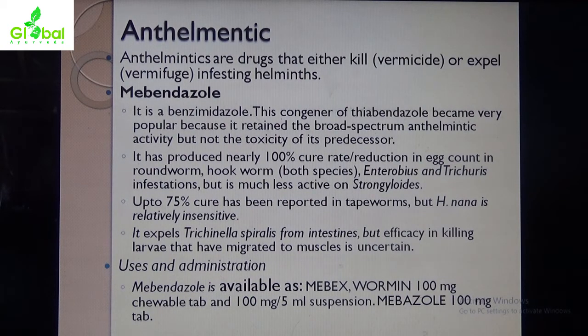It has produced nearly 100% cure rate and reduction in eggs laid by hookworm, roundworm, Enterobius and Trichuris infestations. It has 75% cure reported in tapeworm also, H. nana also. It expels Trichinella spiralis from the intestine, but efficacy in killing larvae that migrated to muscle is uncertain.